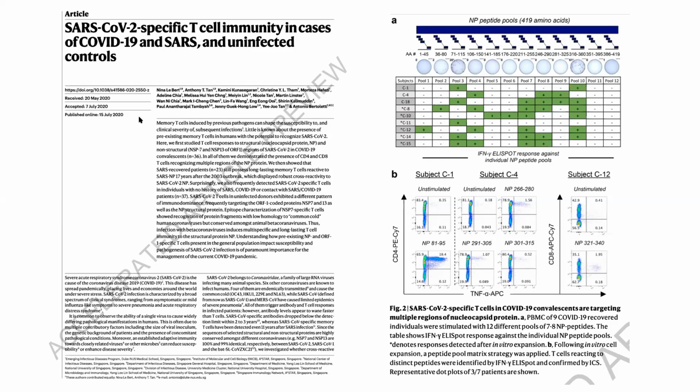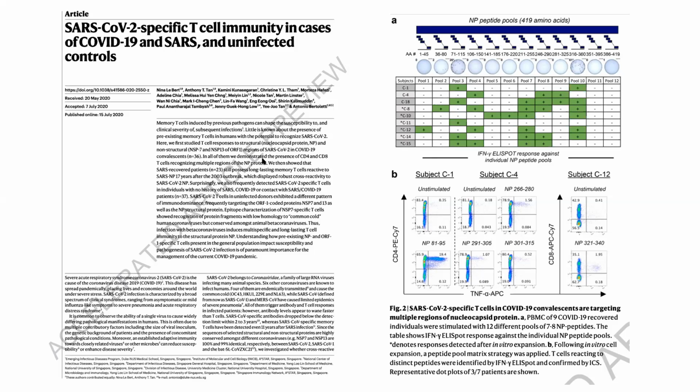So let's read this a little bit more and understand what is it that they actually produce. So memory T cells induced by previous pathogens can shape the susceptibility to and clinical severity of subsequent infections. Little is known about the presence of pre-existing memory T cells in humans with the potential to recognize SARS-CoV-2. Here we first studied T cell responses to structural nucleocapsid protein NP and non-structural NSP7 and NSP13 of ORF1 regions of SARS-CoV-2 in COVID-19 convalescence, n equals 36.